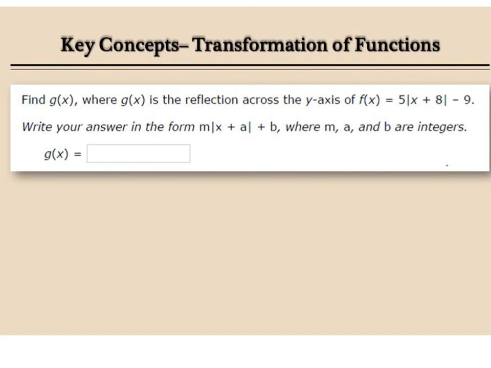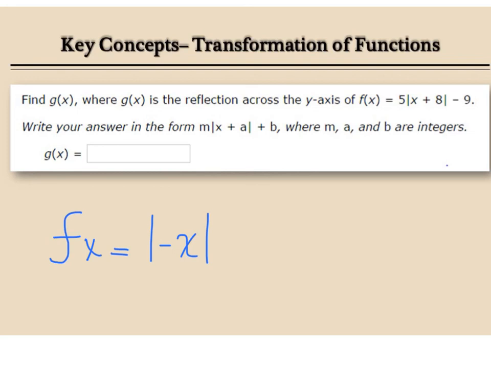So again, when we reflect across the y-axis of an absolute value, the negative sign went inside the absolute value sign. So I'm just going to change the sign of the number that's inside with the x.